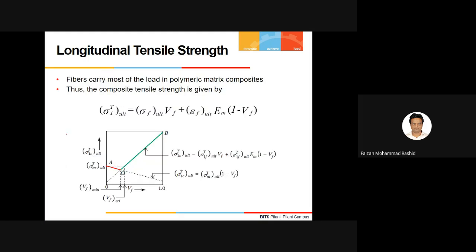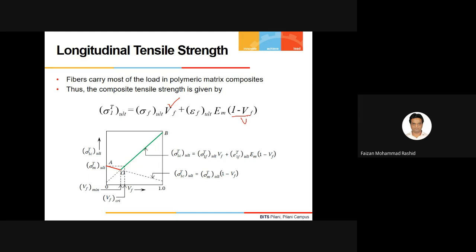Okay. Then what is happening? Fibers carry most of the load in the polymer matrix composite. Most of the load-bearing structure or component in your composite material in the longitudinal direction is your fiber only. Thus, the composite tensile strength is given by this one, same as your rule of mixture, or you can say the mechanics of materials approach. You need the volume fraction of your fiber and the volume fraction of your matrix, where Vf is 1 minus Vm.